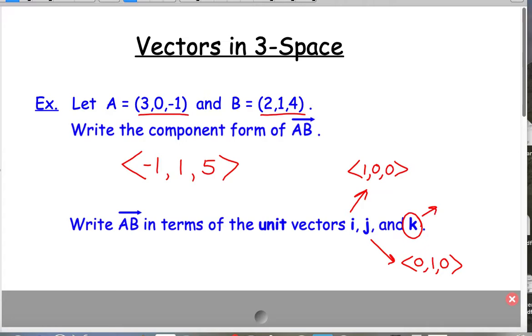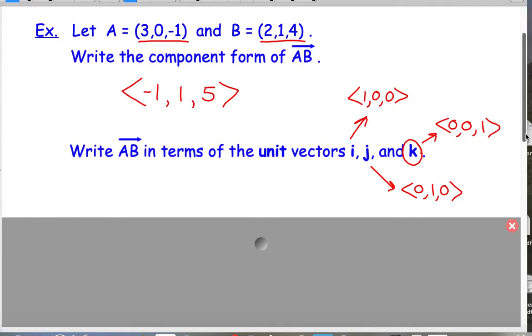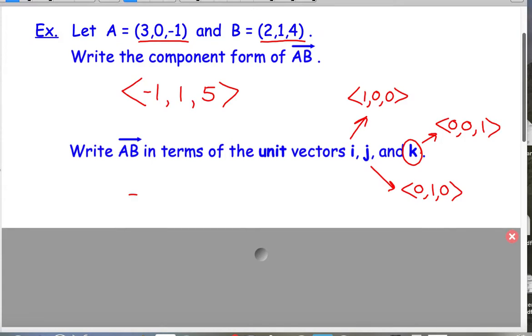And k is going to be 0, 0, 1. So to write our vector AB in terms of these unit vectors, we have negative 1i plus 1j plus 5k. And you don't need to write the ones, obviously.